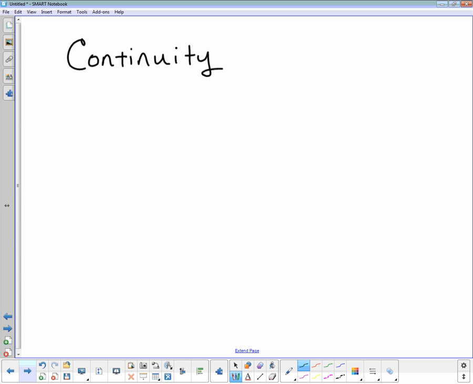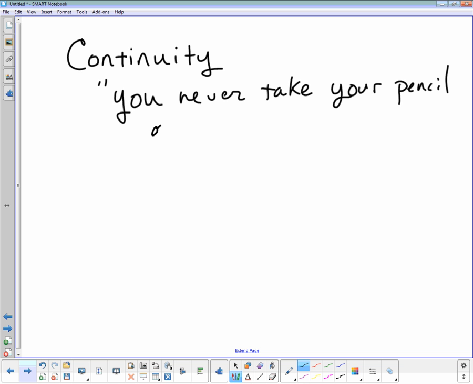The Feynman definition is you never take your pencil off the paper. Now, that's not really a mathematical definition of something, especially if you have a graph and you don't know how it graphs. You don't have a function, you don't know how it actually graphs itself.